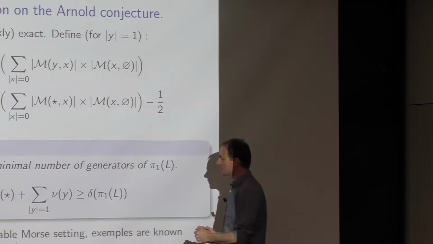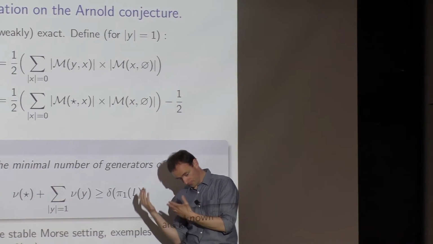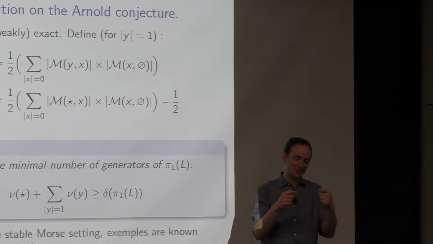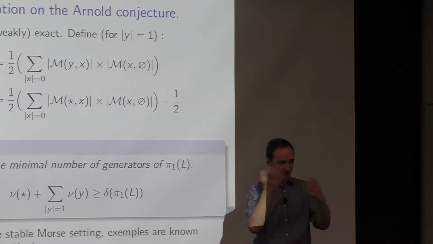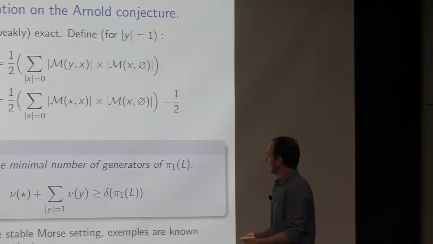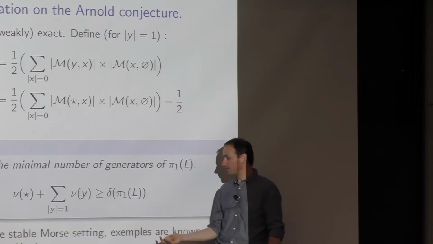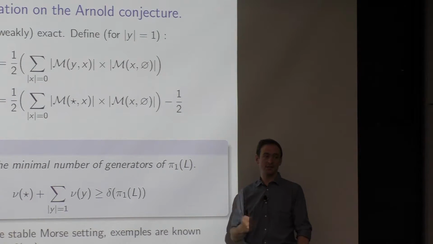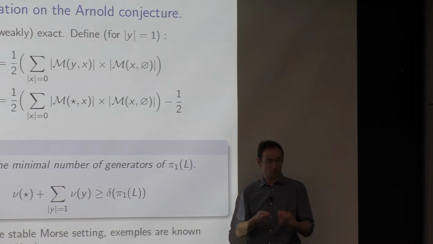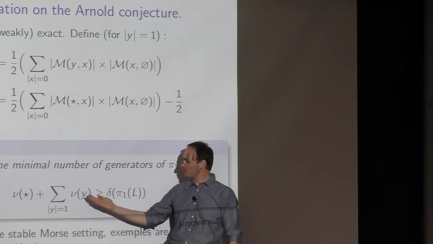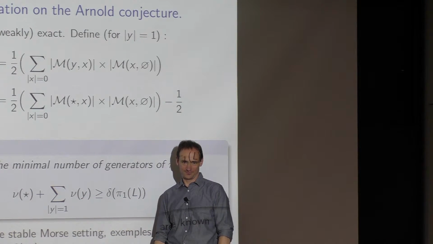First of all, the construction I just gave makes sense, of course you have to define what an augmentation is. And it turns out that in the stable Morse setting, you have Morse functions that have strictly fewer critical points than usual Morse functions. So at least in the stable Morse setting, you really need the multiplicities here.